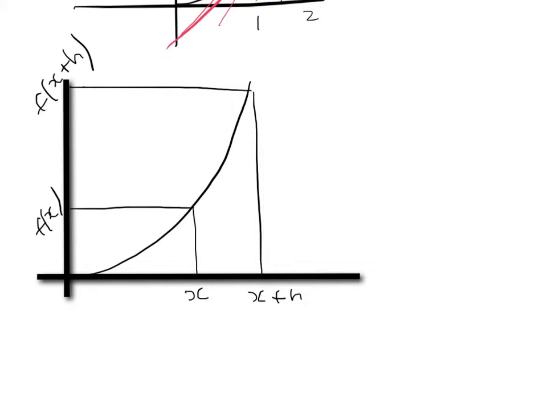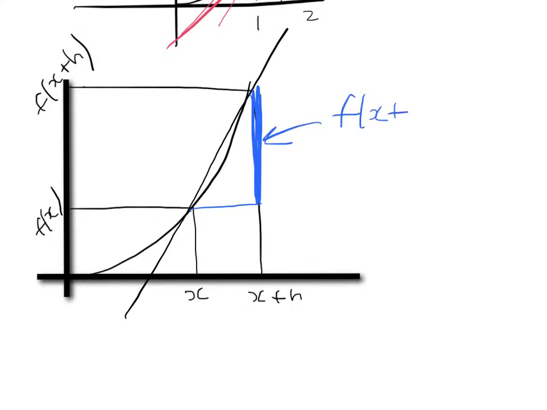Here's the setup in general now. We've got a general point x on the curve, and we've moved a little bit further along the curve, to x plus h. Before I had 1 there and 2 there. At x, this is f of x, and this is f of x plus h. This could be any curve. We're going to draw a line through these two points and work out the gradient of that line, rise over run. The rise, this blue line here, is just the difference between f of x plus h and f of x.